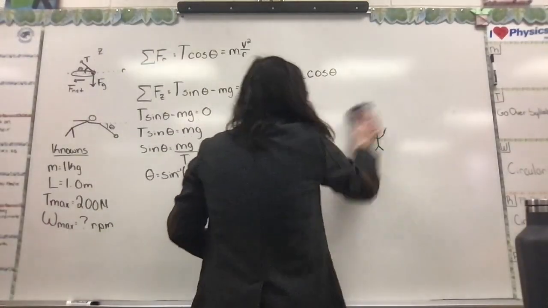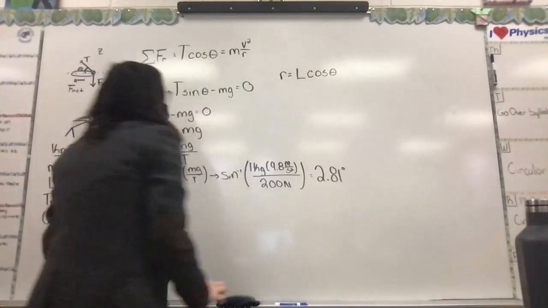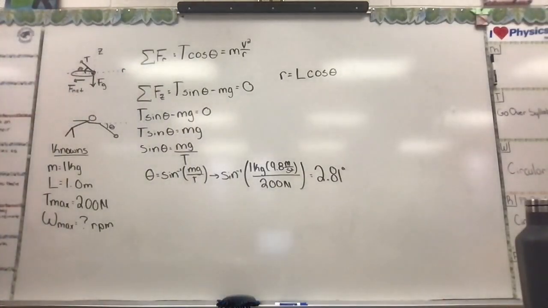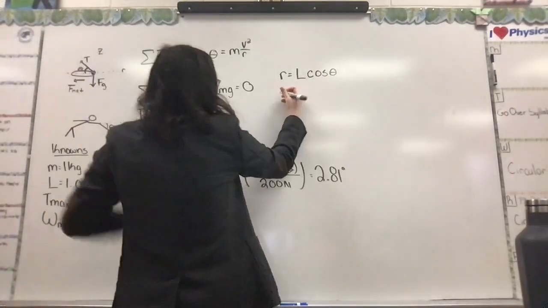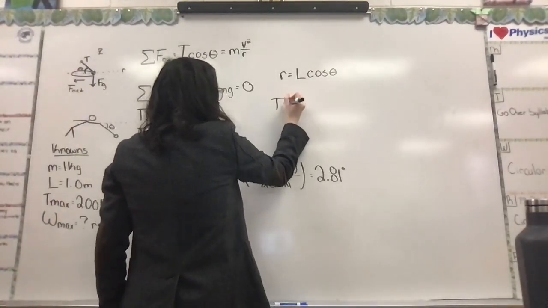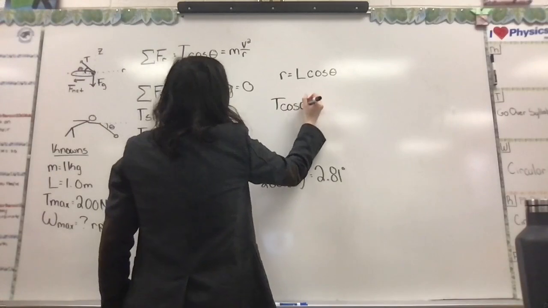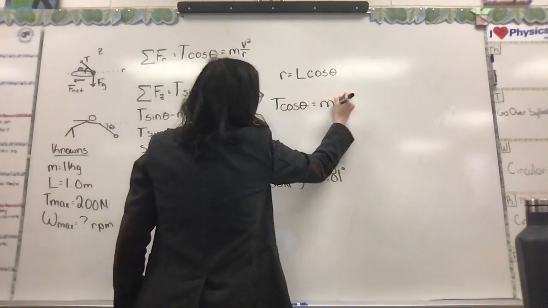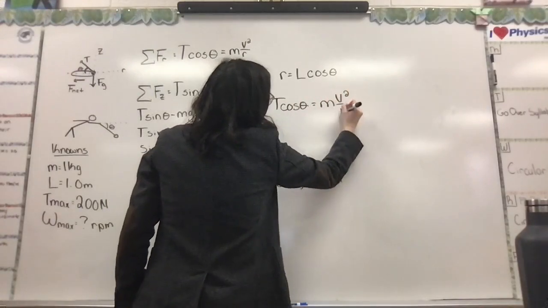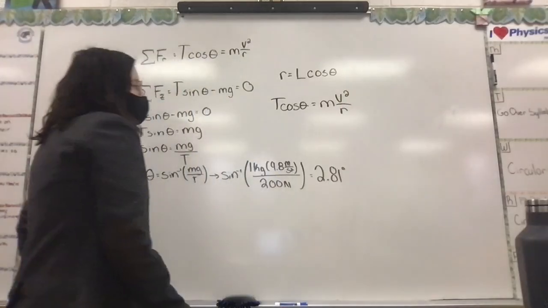So, if we now know what r is equivalent to, and we know what theta is, can we now solve for v? Yes, okay. So we're going to take this equation right here: T cosine theta equals m v squared over r. How do we rearrange to solve for v?